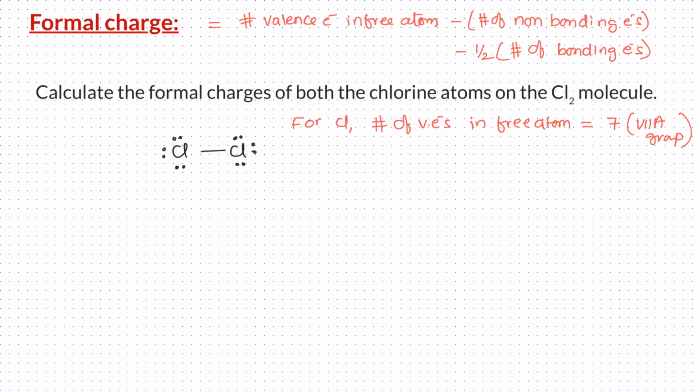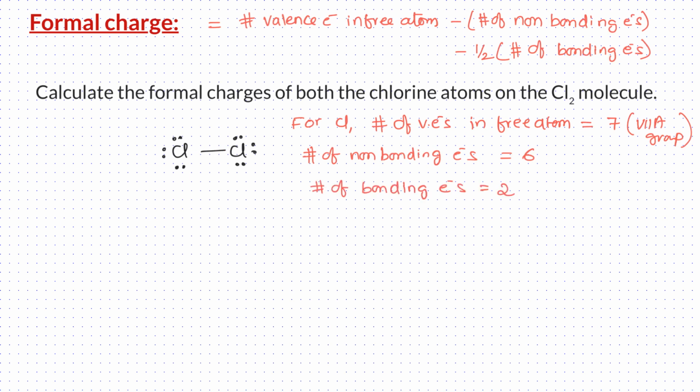Now let us move to the second part of the formula. That is, count the number of non-bonding electrons. For the chlorine atom on the left, there are 6 non-bonding electrons. Now we count the bonding electrons. The chlorine atom forms one bond, that means 2 bonding electrons.